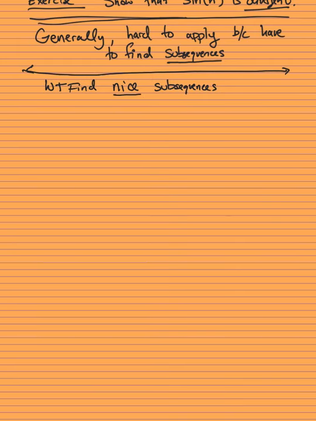If you're given some arbitrary sequence, you'd like to find something which is nicer, and then you hope to understand it. Okay, and what we're going to do is try to find monotone subsequences, because these are things that we kind of know by the monotone convergence theorem.